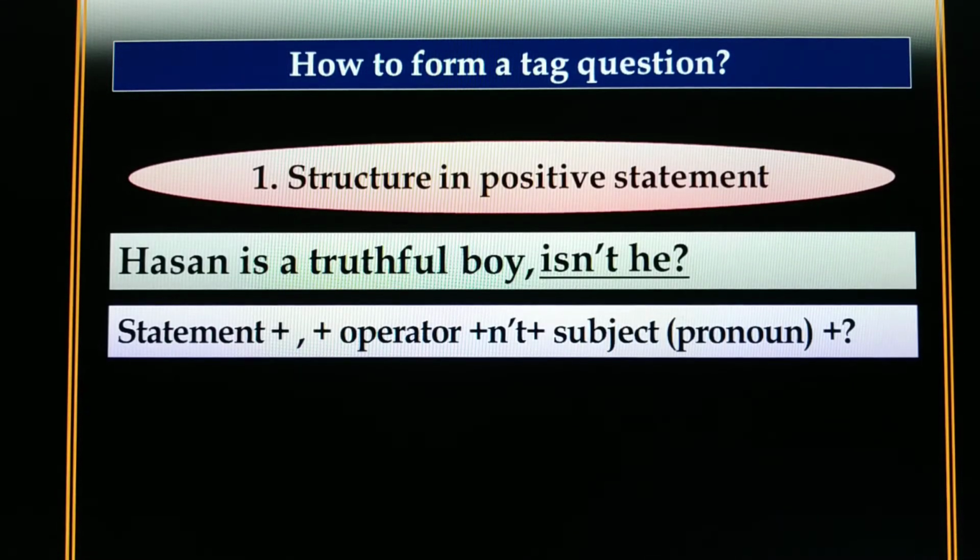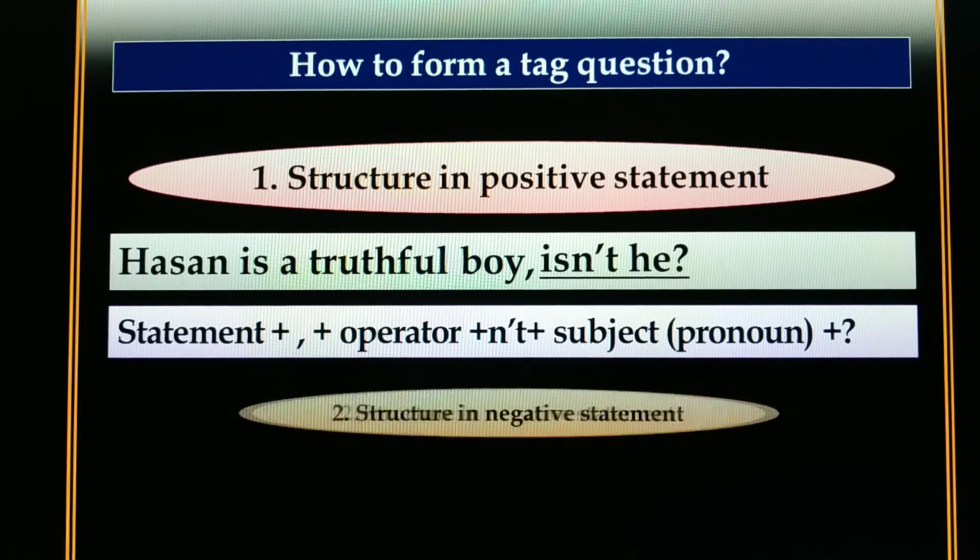Statement plus operator plus not, the contraction form n apostrophe t, plus subject pronoun plus question mark. This is the normal structure of forming a tag question.